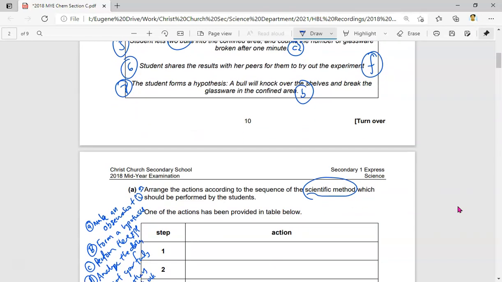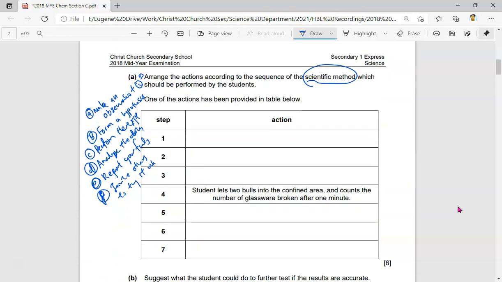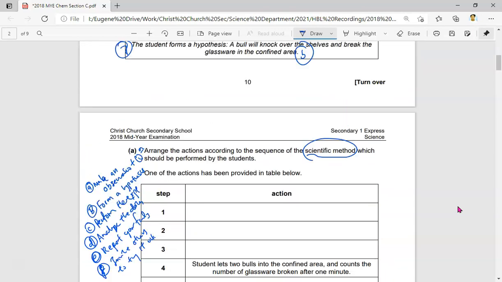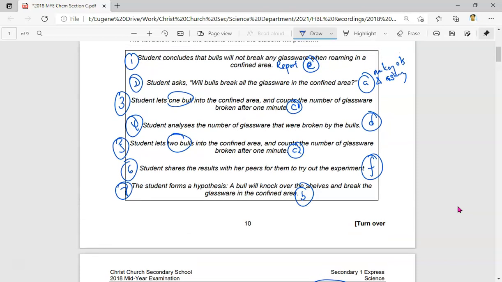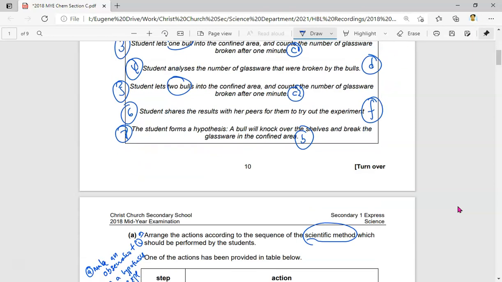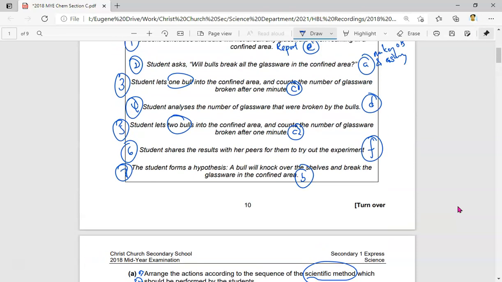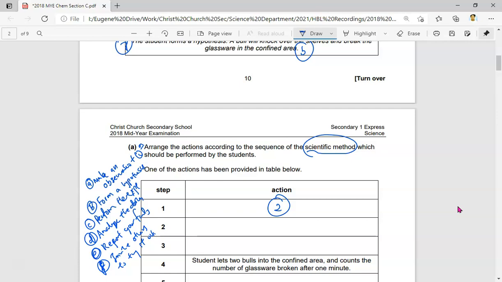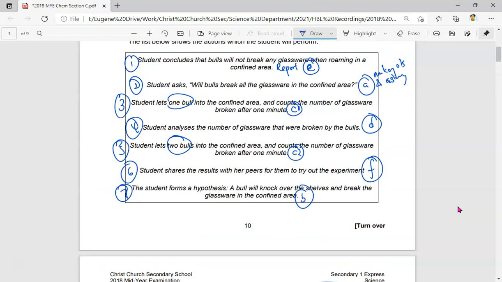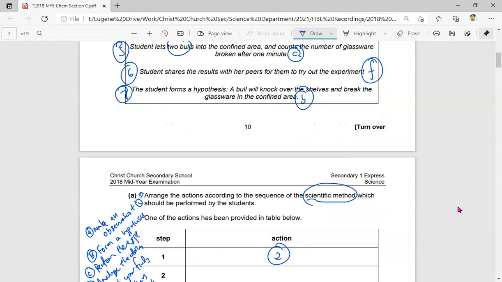From step 1 to step 7, you are supposed to write it down, but I'm just going to save some time. I'm not going to write it down here, so we can go on to other questions faster. The first one, the student asks, will the bull break all the glassware? The action I'm going to put here is step 2, ask. I realize this is quite confusing.